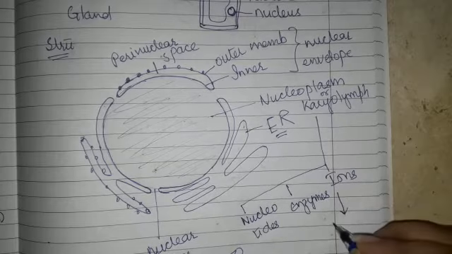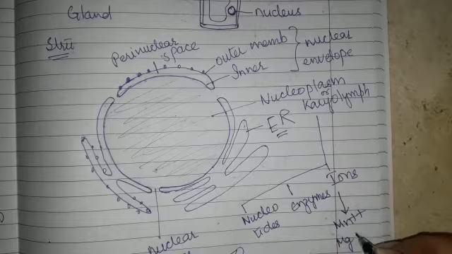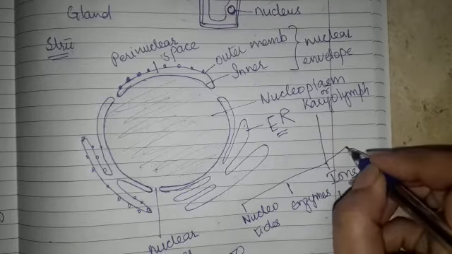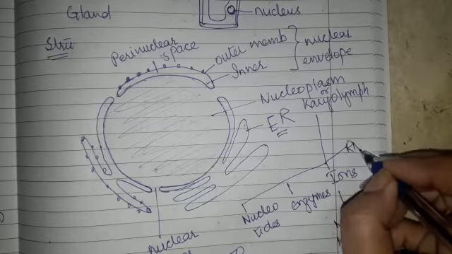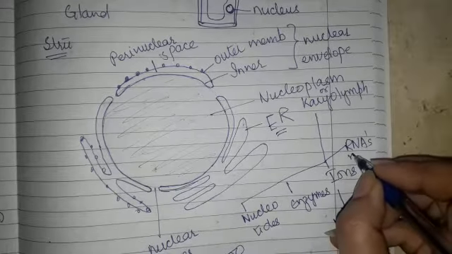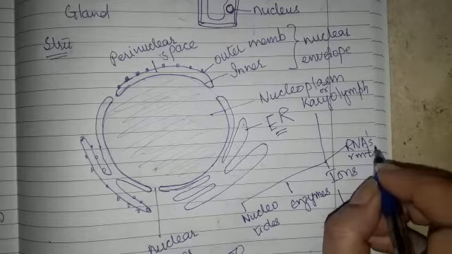Main ions present are manganese ions and magnesium ions. And there are present RNAs. All three types of RNA are present. Which ones? Ribosomal RNA, messenger RNA and tRNA.